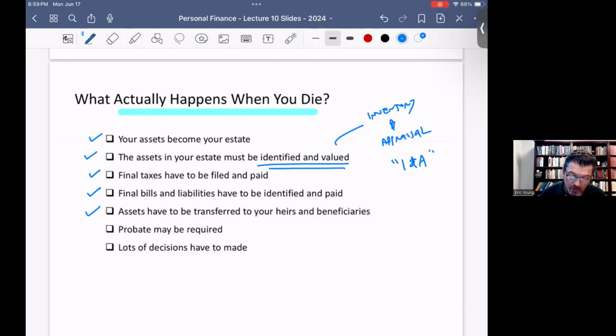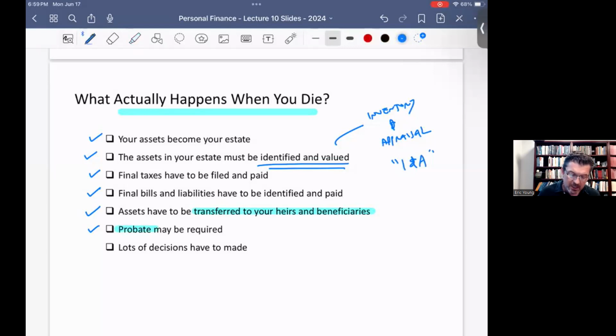Whatever's left over, those assets have to be transferred to your heirs and beneficiaries. And that property transfer process is a real big part of what happens after you die. Note that that may require a process called probate, which we'll discuss in a bit.